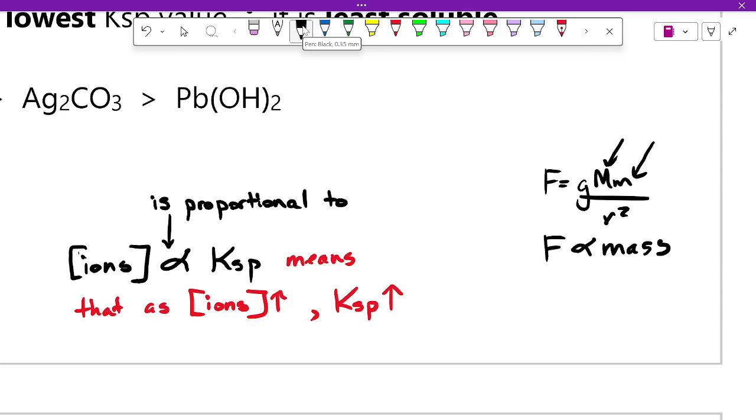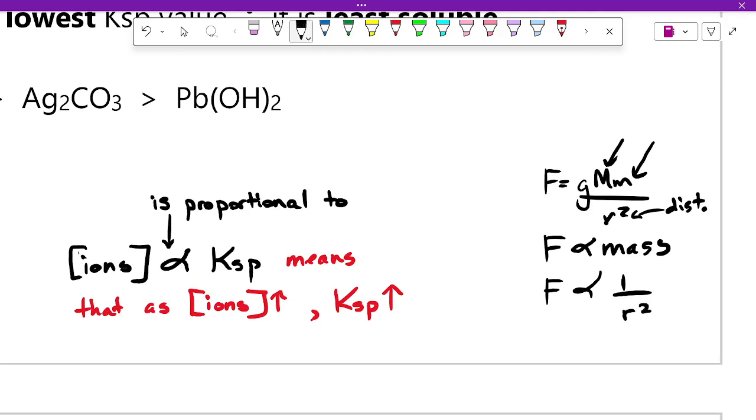That's why if I drop this pen, it falls towards the earth and not towards me, because I have a smaller mass than the earth. However, r is the distance between those two objects. And the force is proportional to 1 over r squared.